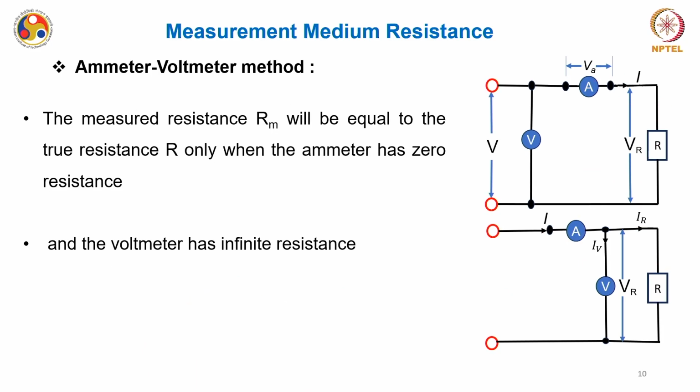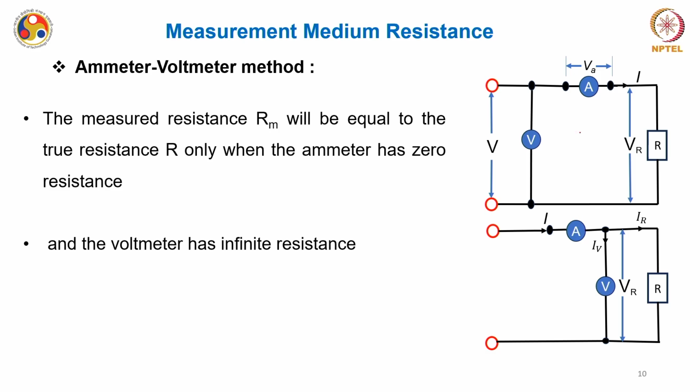Now the measured resistance Rm will be equal to the true resistance R only when the ammeter has zero resistance, and the voltmeter has infinite resistance. Why am I telling this?